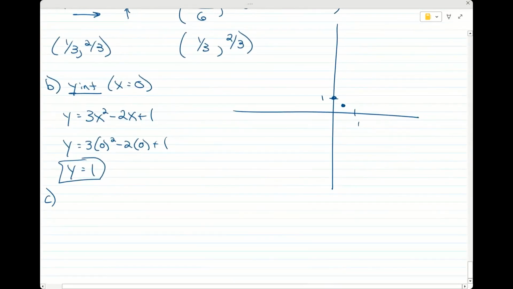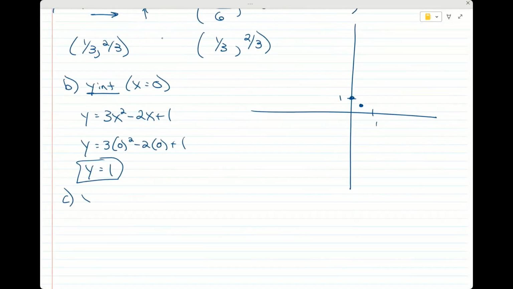Third step is we want to get the x-intercept. The way we get the x-intercept is we make y equal to 0 and solve. So 3x squared minus 2x plus 1 is equal to 0. We could try to factor, so numbers that multiply to be 3 and add up to be negative 2.